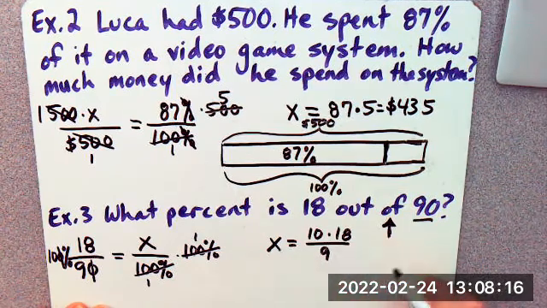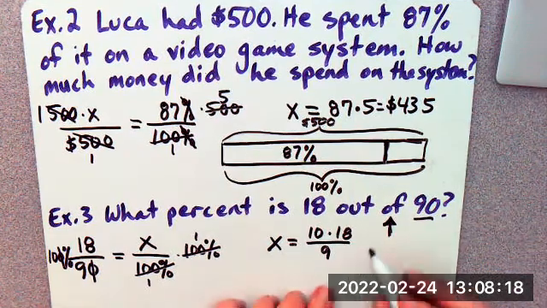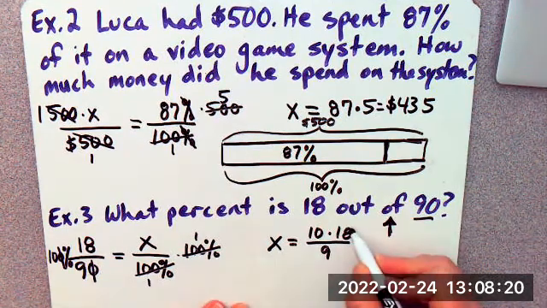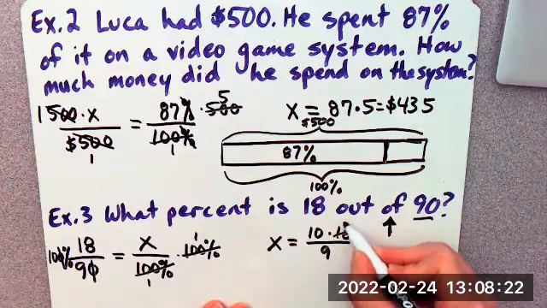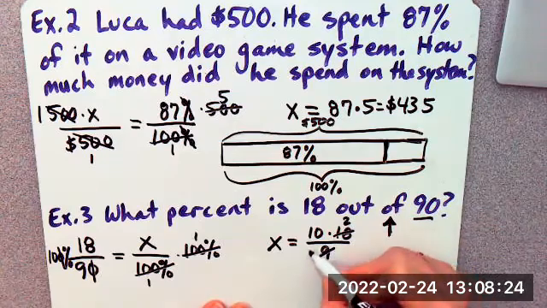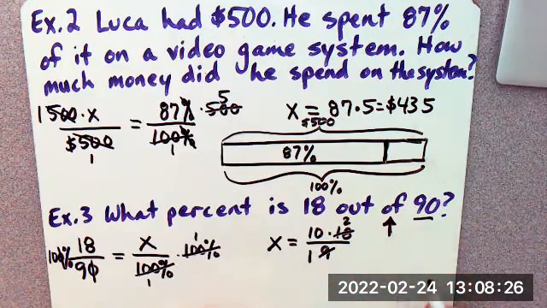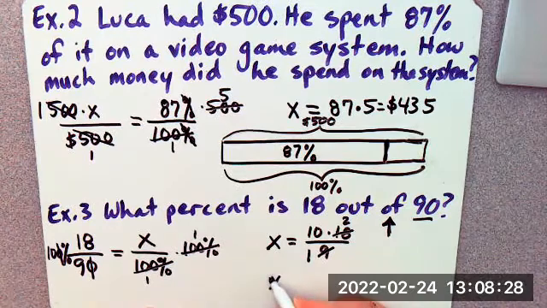And wait, we have more canceling opportunities. How many 9s are in 18? There's 2. So we can cancel the 9s out. So it's almost like a Where's Waldo game where you're trying to figure out how can I reduce this before I multiply to make my life so much easier.